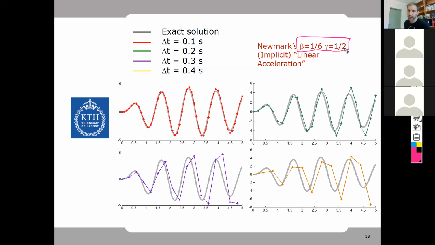And you can see that the results get more accurate. The results are fairly accurate for 0.1, 0.2, 0.3. They're still kind of okay for 0.4. Probably not close enough, but it is a better choice of beta and gamma for this particular problem. Okay.